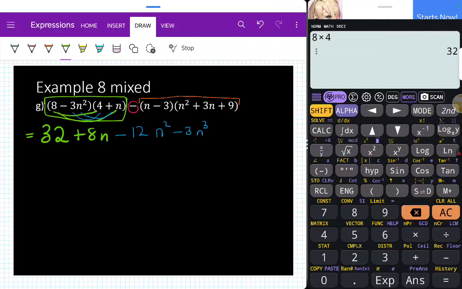Now, let's do the second one. Well, you have two options. You can do orange first, but you have to remember to put everything in brackets because you have not done the pink negative sign. Or you can do the pink negative sign first. So this is the change sign rule. So let's go ahead and do that first. I can make this positive.